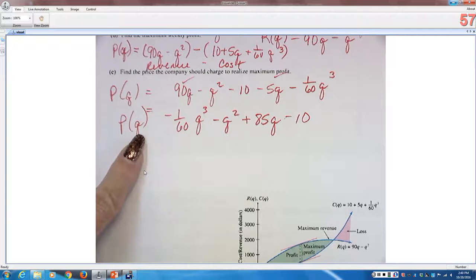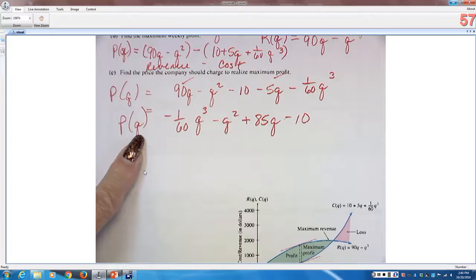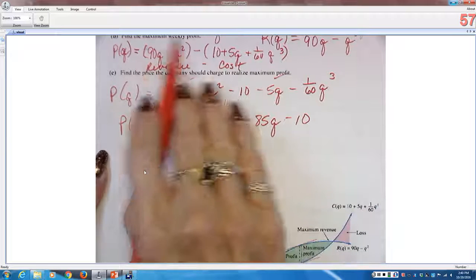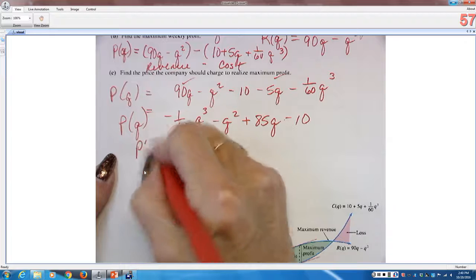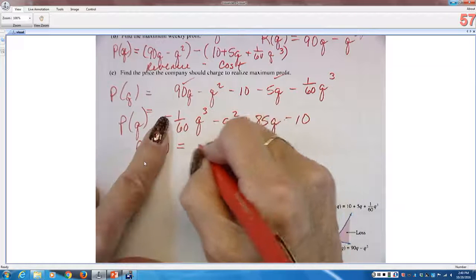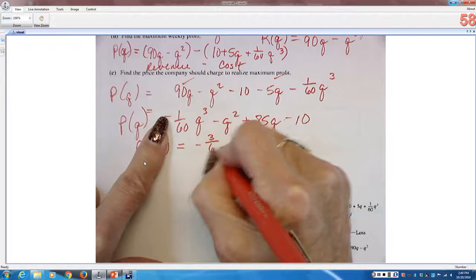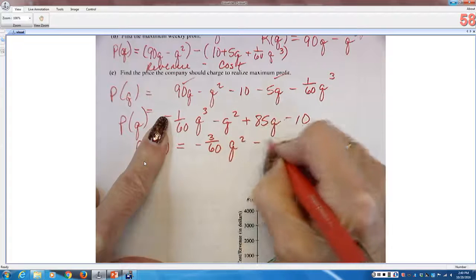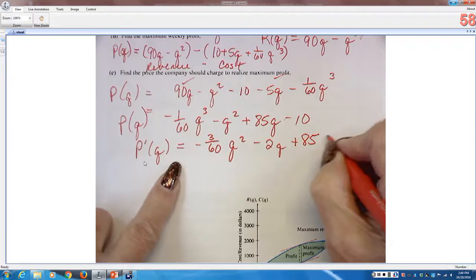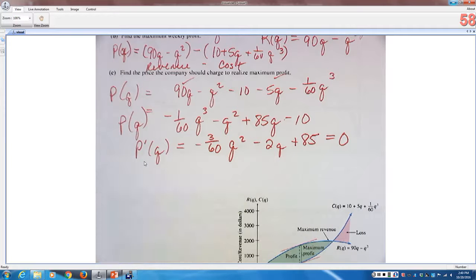And the profit function, while it's kind of ugly, is not hard to take the derivative of because it's all power rule. So to find the maximum profit, P prime of Q is equal to negative 3 over 60 Q squared minus 2Q plus 85. And you would want to set that equal to 0. And that'll tell you what value of Q gives you your maximum profit.